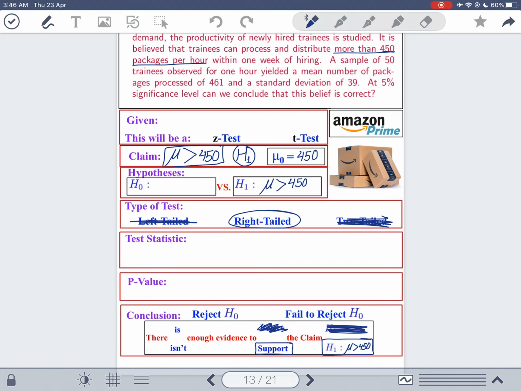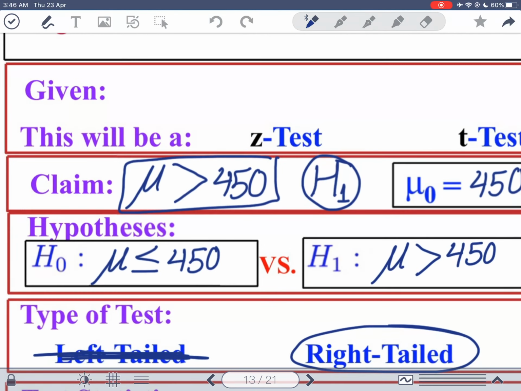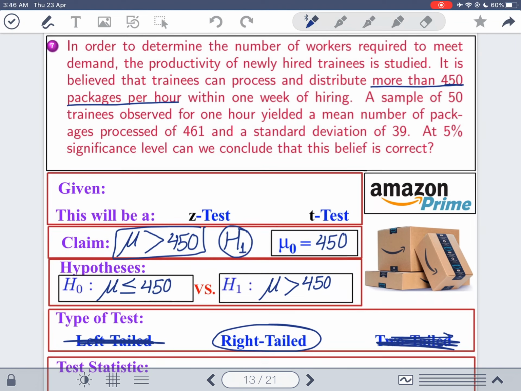So now H0, of course, you write it, it's the complementary statement, mu less than or equal to 450. See how nice this is? You can start and fill out this thing and take things out immediately. Once you write the claim, you can always finish claim and hypotheses and go to the conclusion and finish almost 2/3 of it.